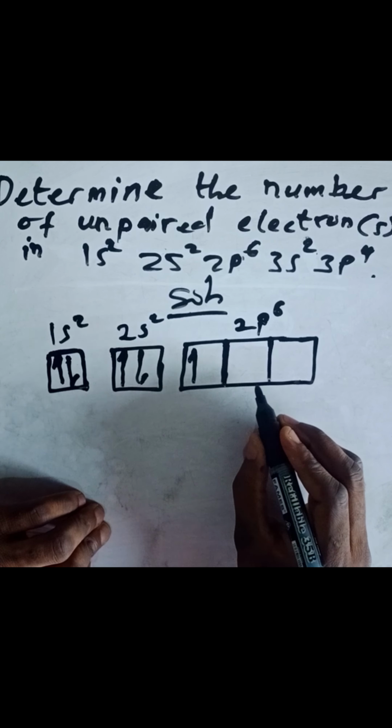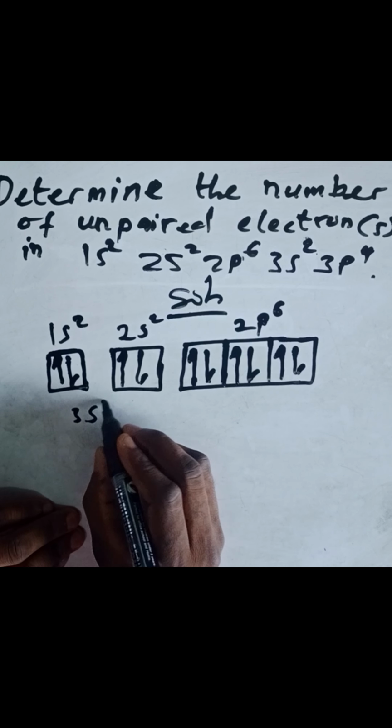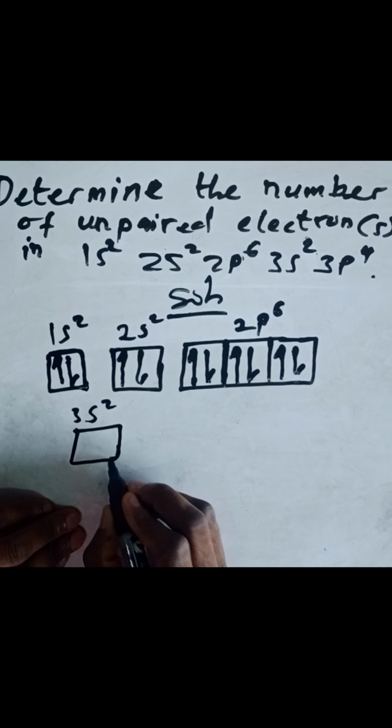And the next one is the 3s2, right? We are now in the third energy level. Our s orbital will still accommodate 2 electrons at maximum. And lastly, we have our 3p4 electrons here.